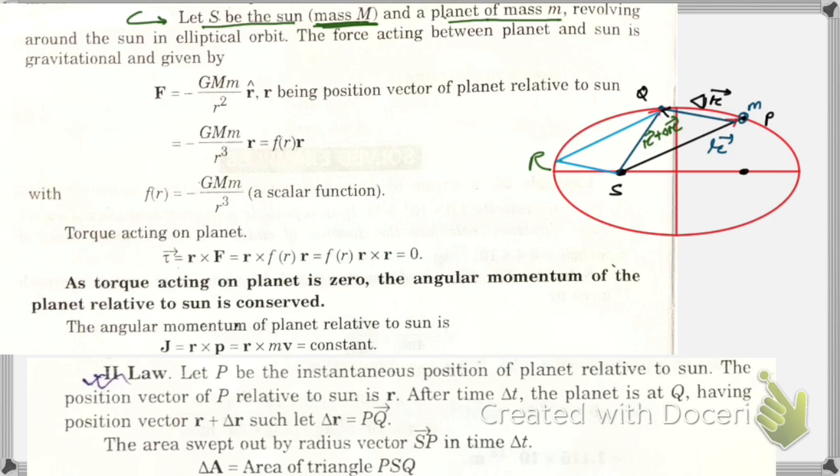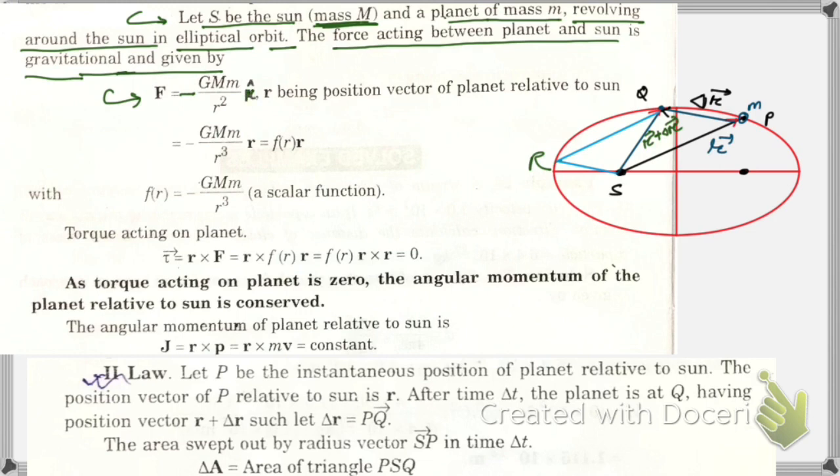So now you see, in this case, this planet is revolving around the sun in an elliptical orbit, with the sun at one of the two foci of this ellipse. The gravitational force acting between the planet and the sun is given by F equals minus capital G capital M small m by r square, r cap, right? r being the position vector relative to the sun.